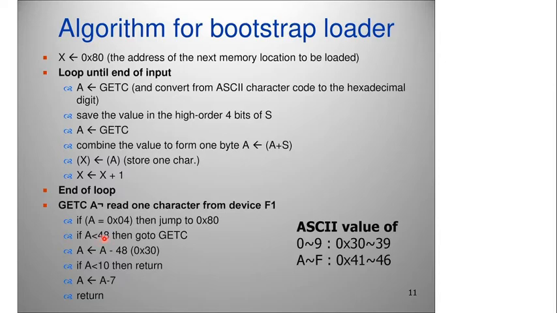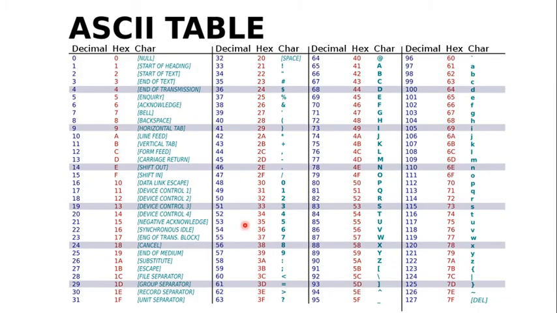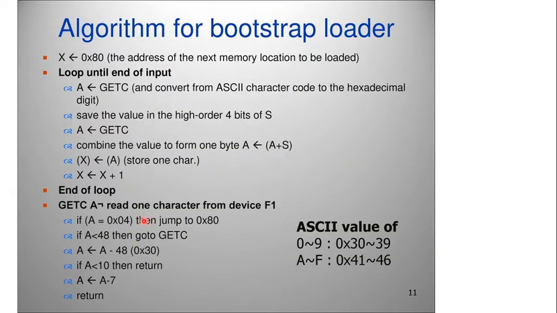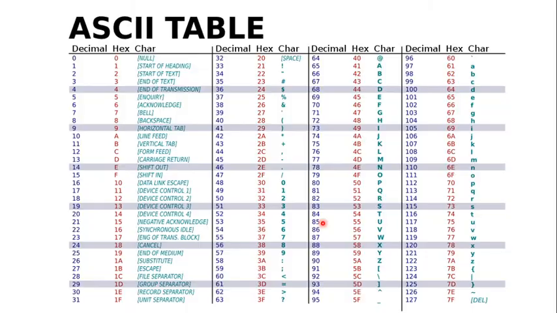Why do we check whether it is less than 48? Because 48 is the decimal equivalent of the number 0. Remember, any character you read from this input device will be considered such that it is from 0 to 9 and A to F, because of the hexadecimal equivalent.